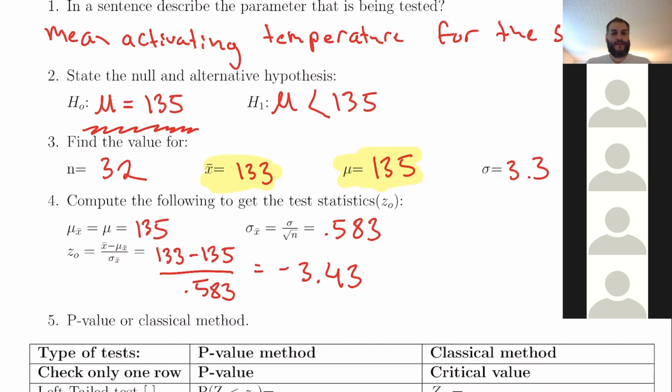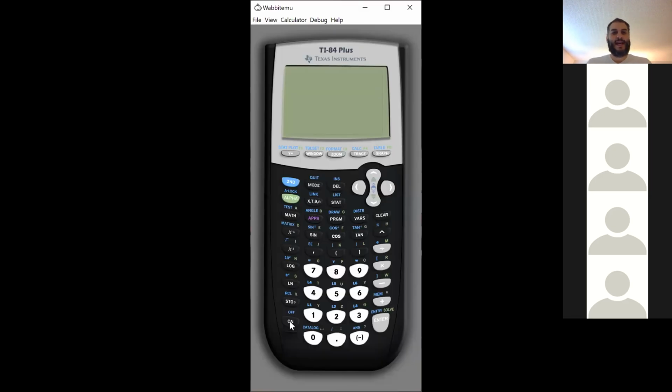Okay, so let's go to the TI-84. We quit that. You go to stats, you go to test, and you do a z-test. The mean of the population is 135. The standard deviation of the population was 3.3.